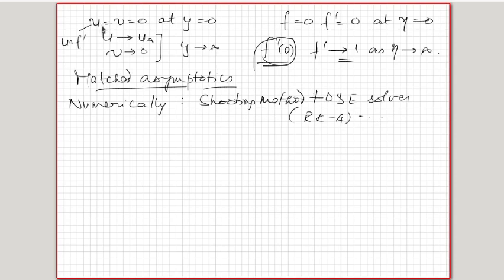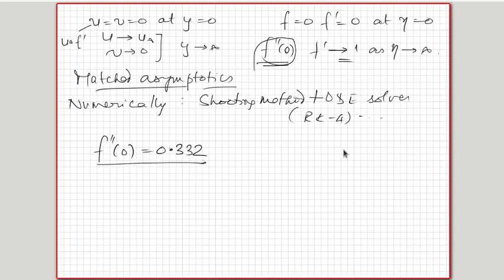Typically the eta tends to infinity will be in the range of something like 5 or 6. So you just do that and obtain. When you do that, you actually get f double prime at 0 to be equal to 0.332. So this is what you will get as part of the fluid mechanics solution.